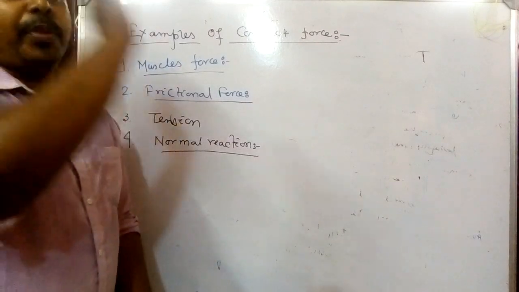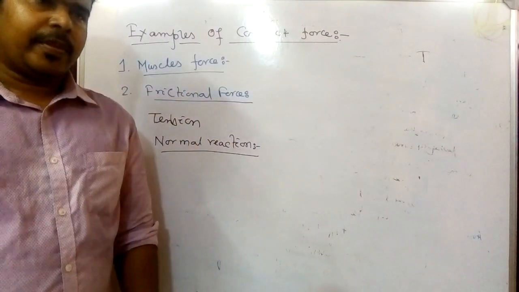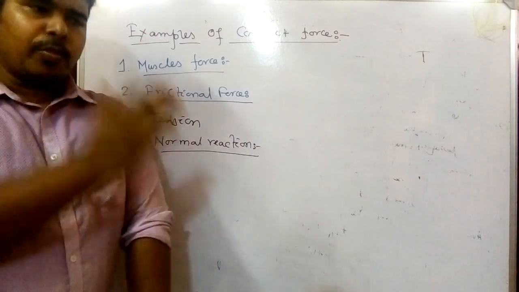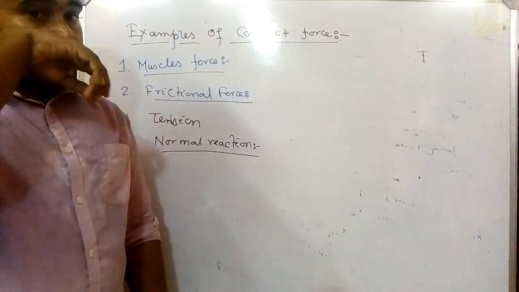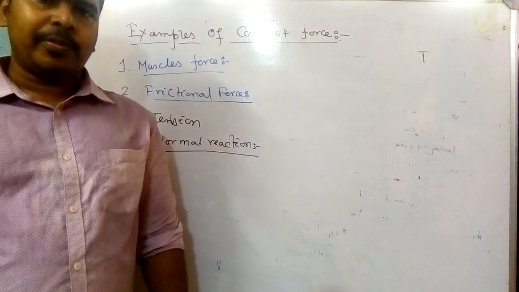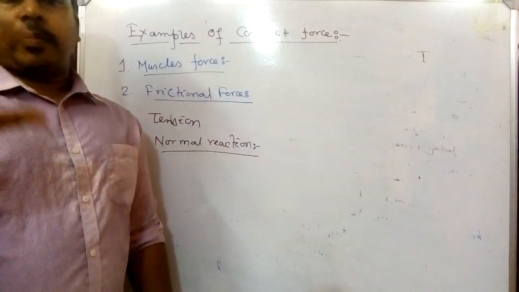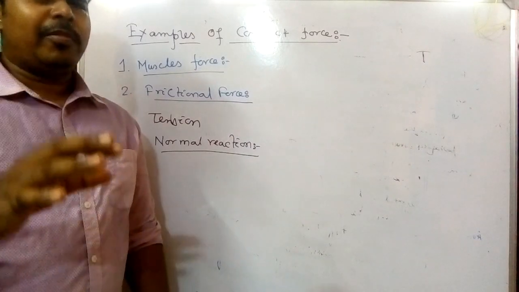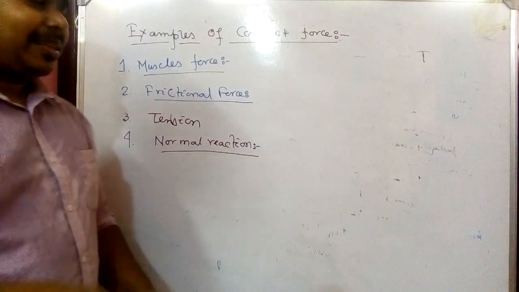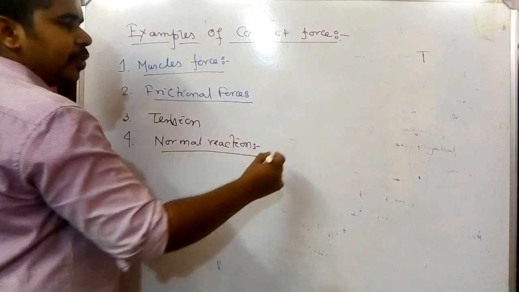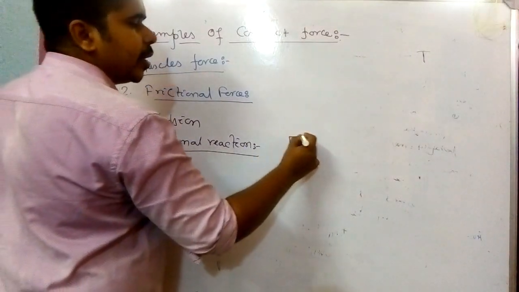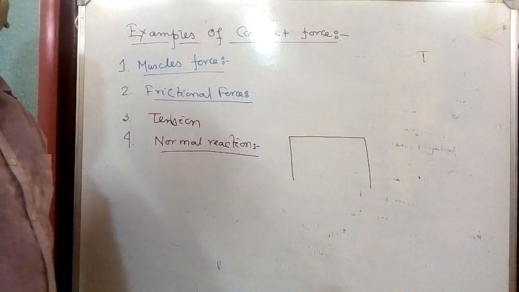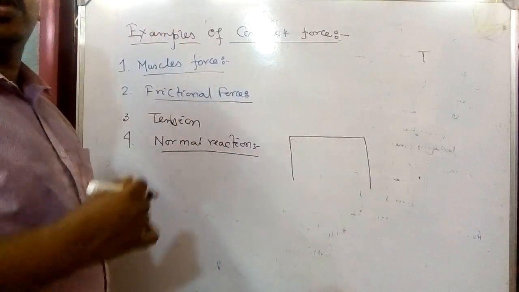Assume if you beat one of your friends, then that friend will give a return to you. Physically what will happen is, whenever any object applies force on a body, that body also gives a return force to the object.